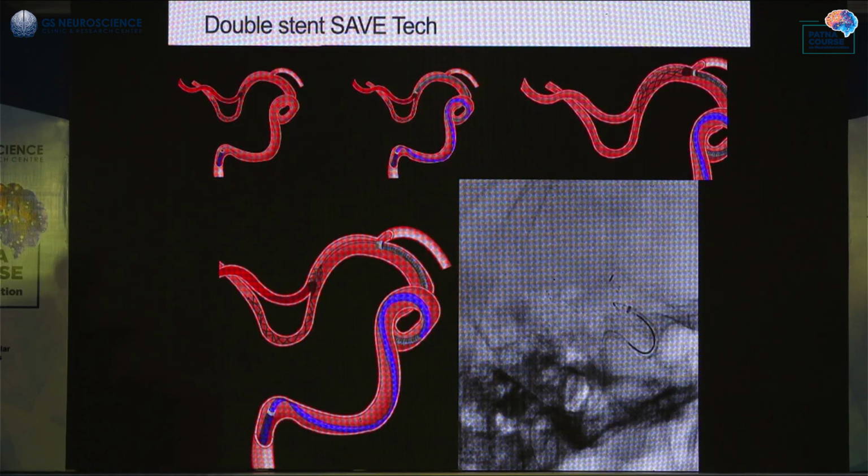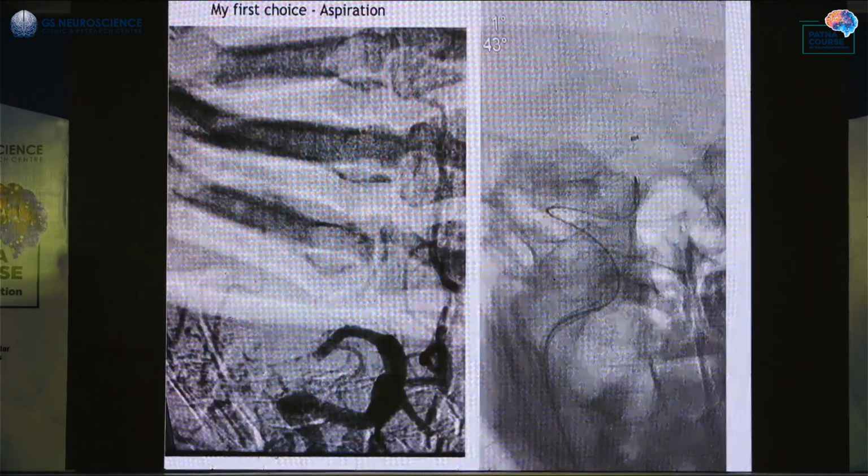The second time they went from the superior division, then the clot was pushed downward. So what they did, they placed two micro stent retrievers in the two branches and advanced the aspiration catheter and captured it. So it is described as a double stent aspiration technique.